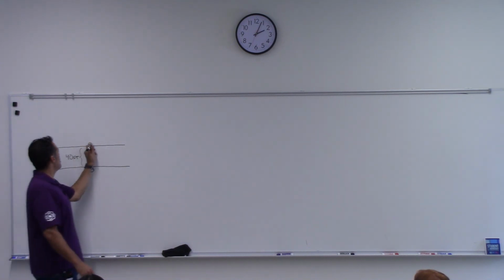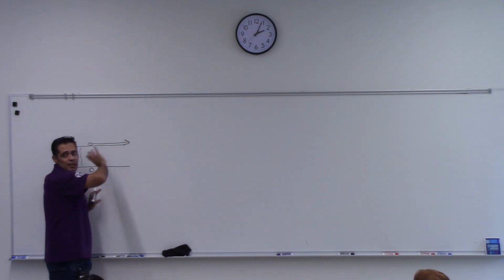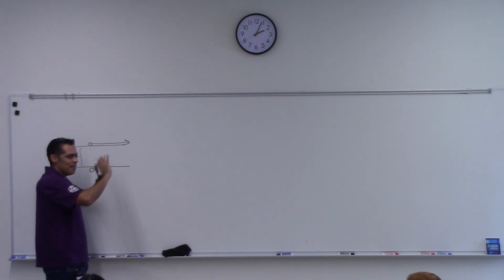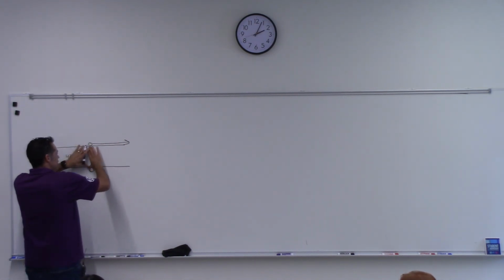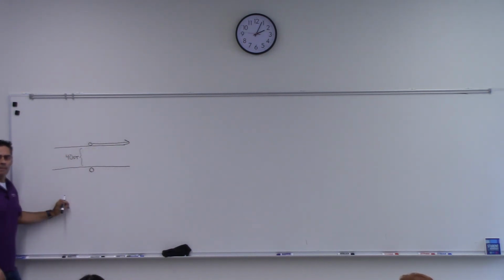And this person's going to start walking this way. And let's imagine this goes forever, okay? This is a totally hypothetical situation, right? This goes forever in both directions. And this person's going to start going this way. And what I'd like for us to do is this.